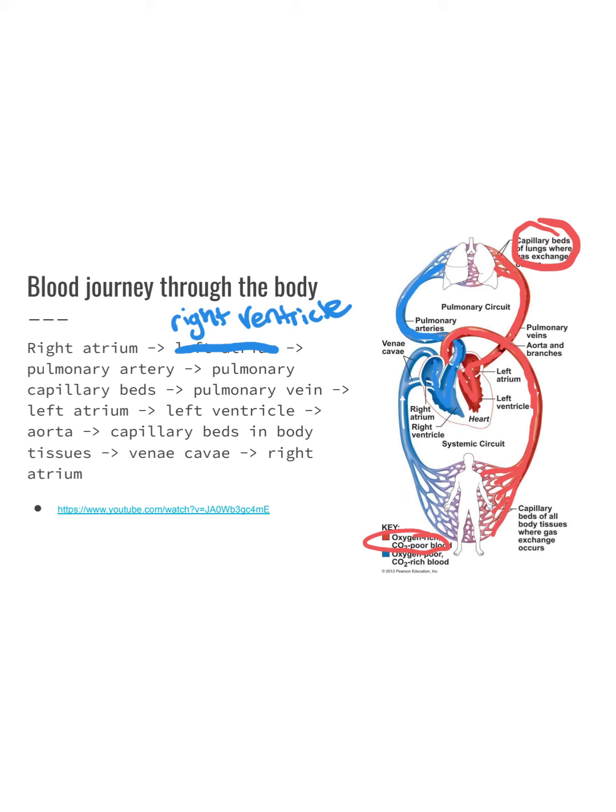That gas exchange is going to lead to our blood becoming oxygen poor and CO2 rich. So now we're in blue. So we're taking then all this deoxygenated blood into the vena cava, which is going to put it into the right atrium. And that is the journey of the blood through your body.